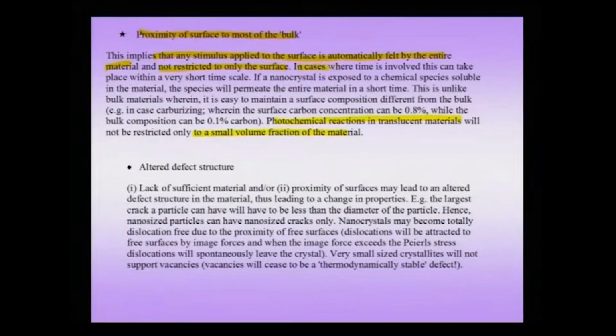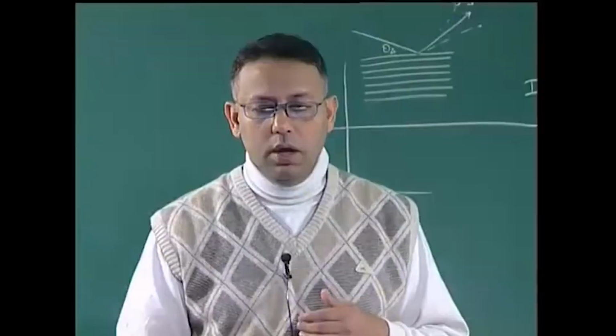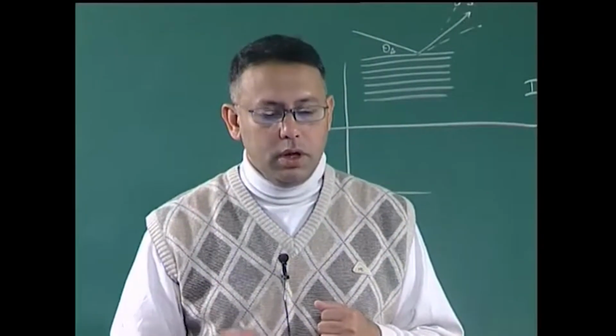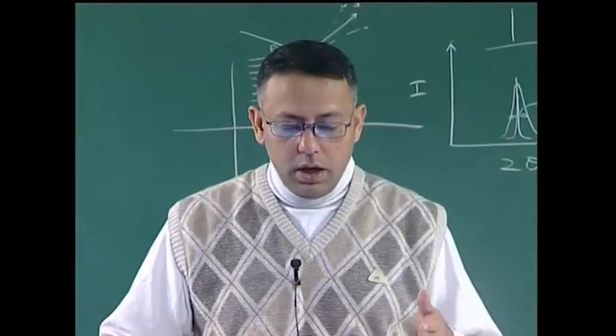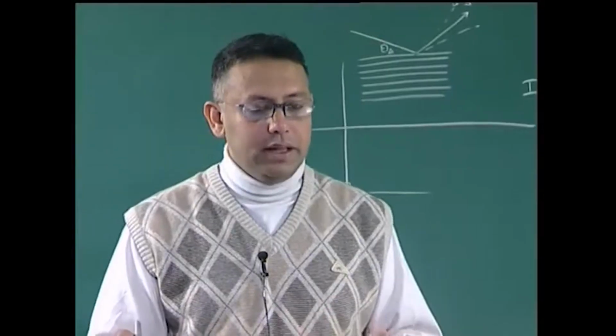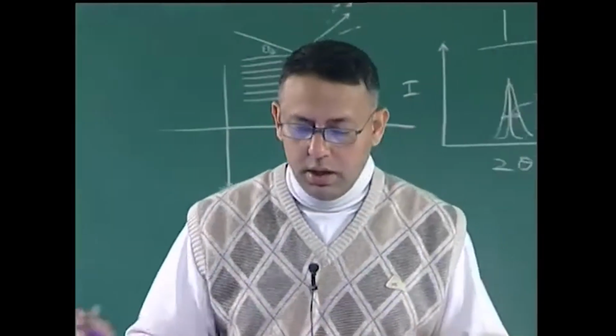And in cases where time is involved, this can take place within a very short time scale. In other words, if I apply a stimulus on the surface, which could be a chemical species, for instance some kind of an oxidizing atmosphere, then the entire volume of the material will feel this stimulus within a short time scale.